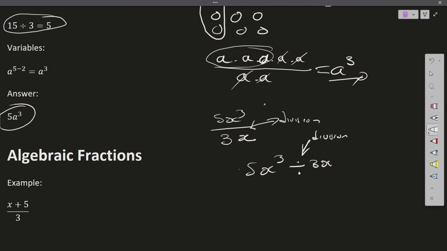Amongst many, you can also get that 5x to the power of 3 times 1 over 3x is the same thing as this, and it is the same thing as this, right? So I'm just showing you different ways in which division can appear.